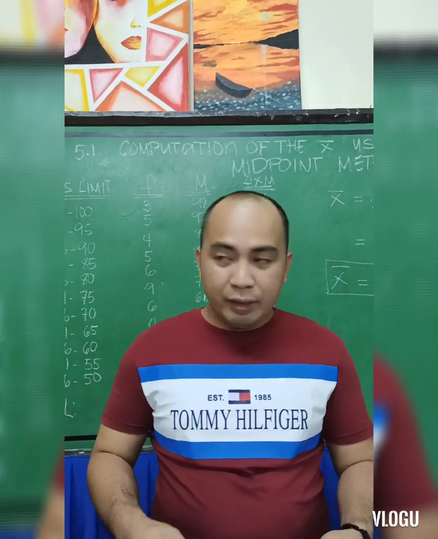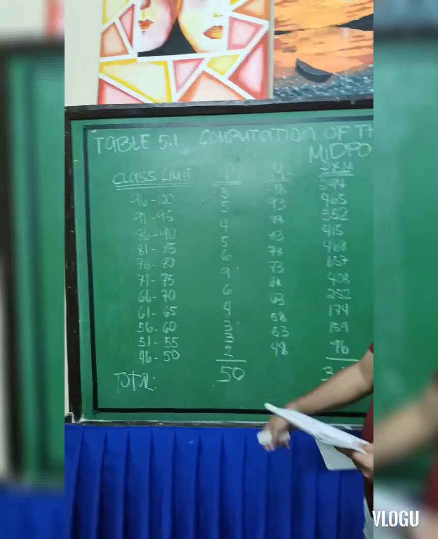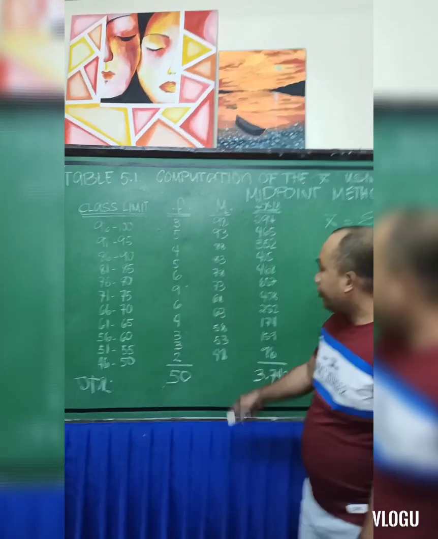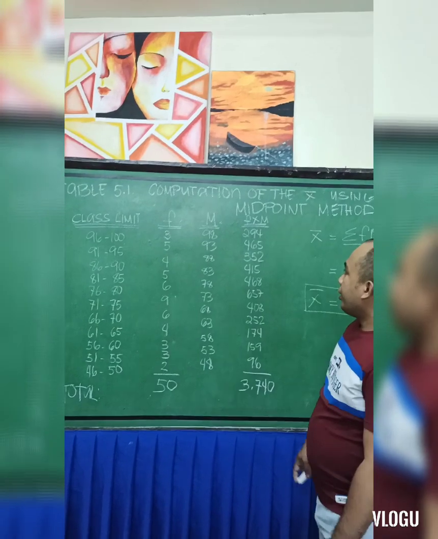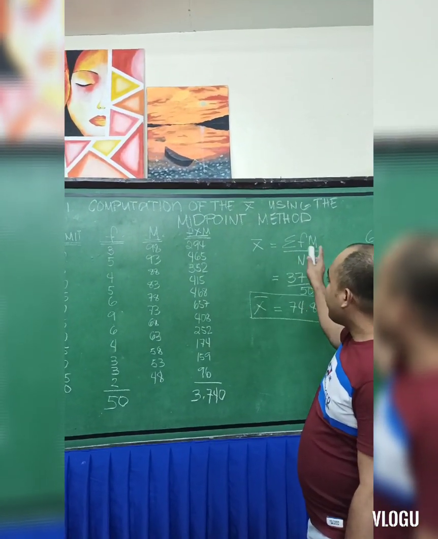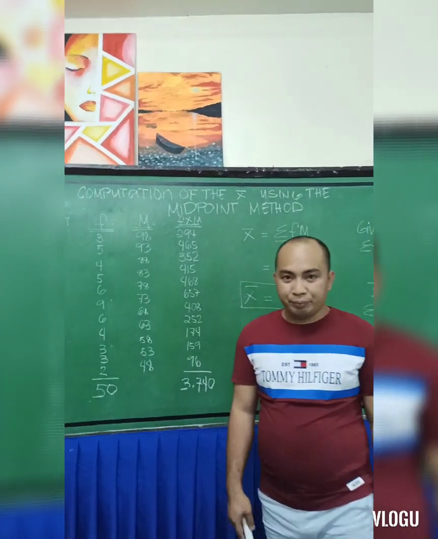Okay, so on the board I have some examples, taken from the book. The first example, table 5.5, is a computation of the arithmetic mean using the midpoint method.